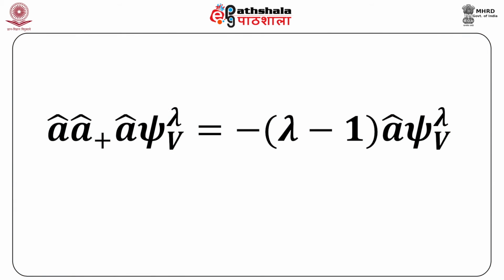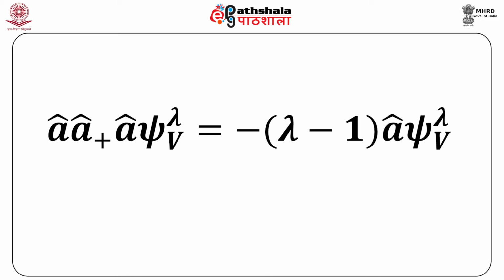Now let's take a next step and let's operate a cap, as you can see here, on the left hand side of equation A. So once a cap operates on equation A, it becomes a cap a plus cap a cap ψv lambda is equal to minus lambda minus 1 a cap ψv lambda.